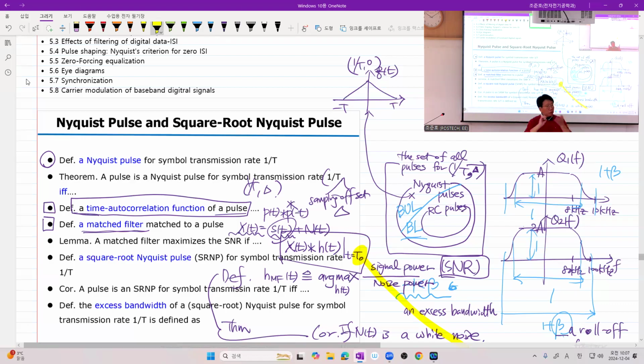If you look up some articles, this transmitter, for example your notebook connected to your digital TV through the HDMI protocol, they just use in the transmitter a Nyquist pulse. Got it? Because usually noise is very small.